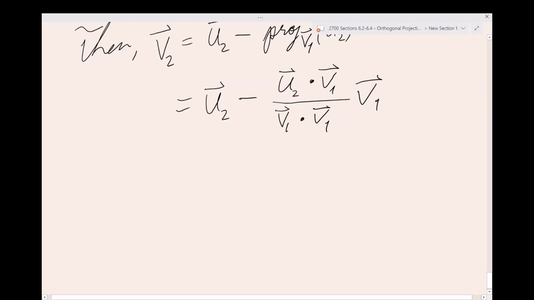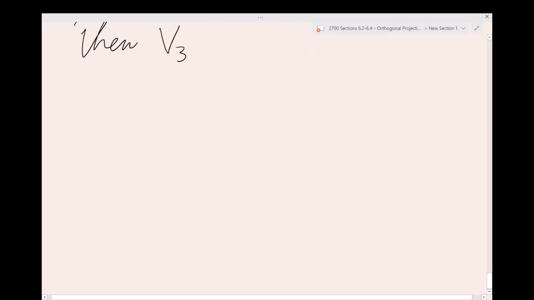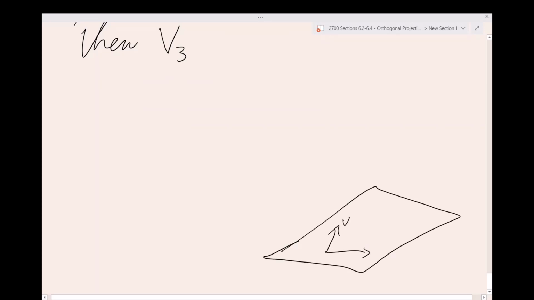Then I just keep going, right? Then, how do I find my v3? Well, now I've got this subspace spanned by v1 and v2 that I've made by doing these orthogonal components. Now I have some new vector, right?